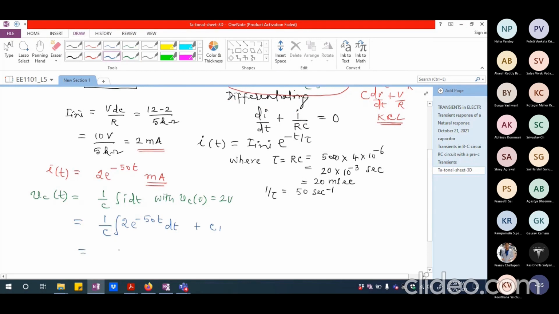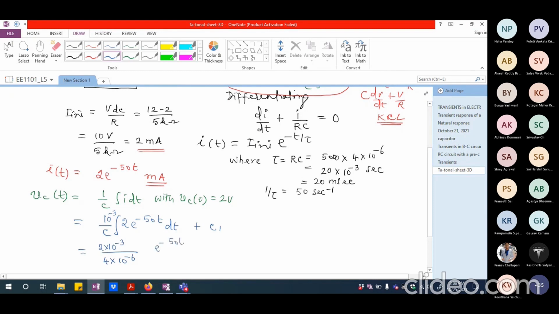So this is milliampere. So I have to write this as 10 power minus 3 multiplied by this. Please remember this. I cannot ignore that 10 power minus 3. So I should say 10 power minus 3 divided by 4 into 10 power minus 6. Let me get this 2 also out, 2 into 10 power minus 3. And I have to integrate this. What is the integration for this?